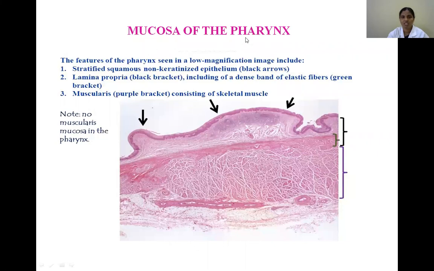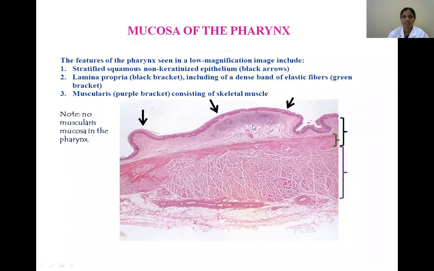Now coming to the mucosa of the pharynx. As you know, the mucosa means the lining epithelium, and immediately beneath that there must be connective tissue in the form of lamina propria. The entire wall of the pharynx is lined by mucosa.